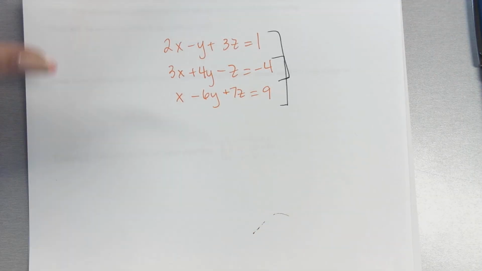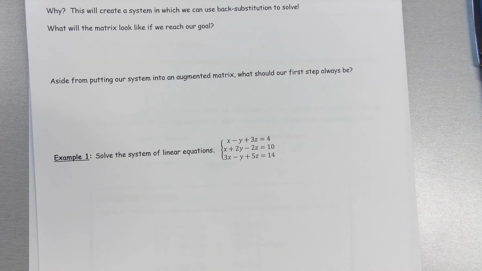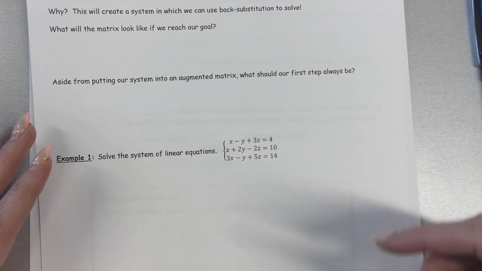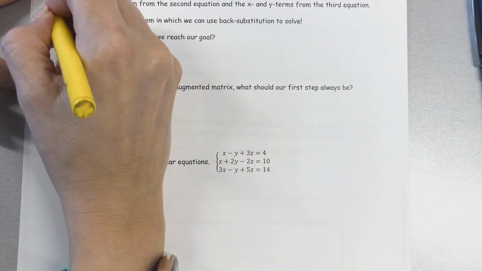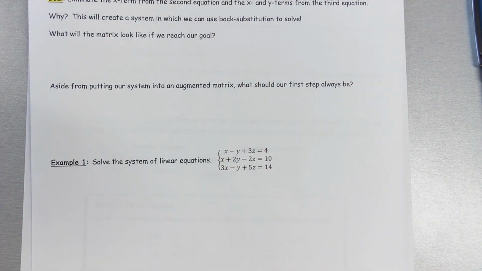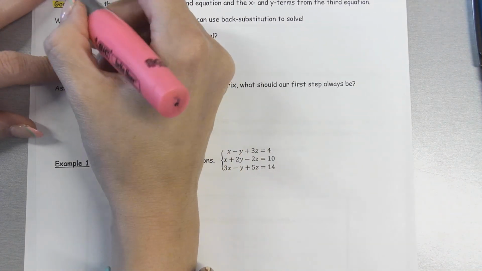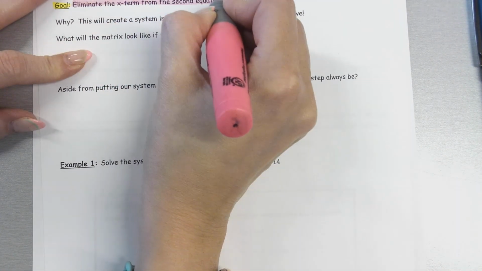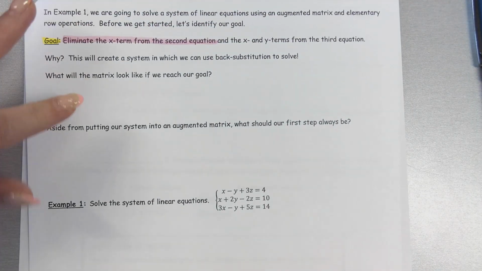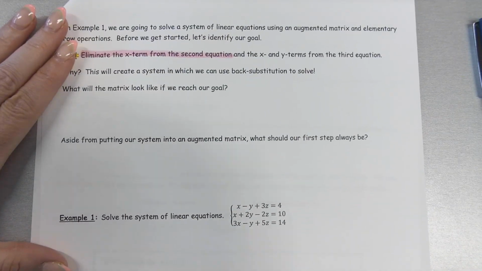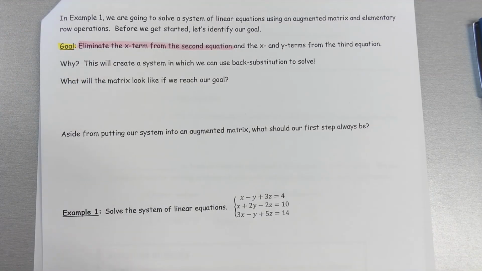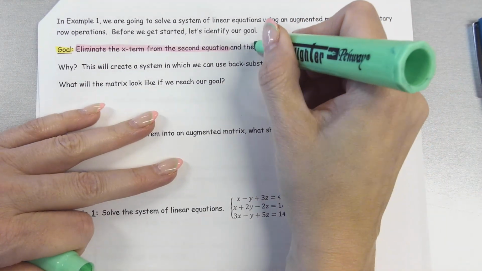You want to take another equation and eliminate another variable so you can find them. So our goal is to eliminate the x term from the second equation, and from the third equation, you want to eliminate the x and y terms.